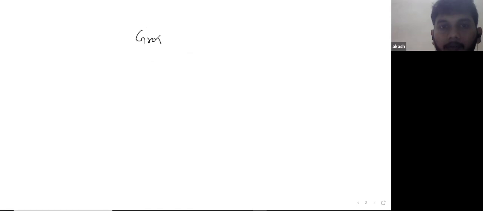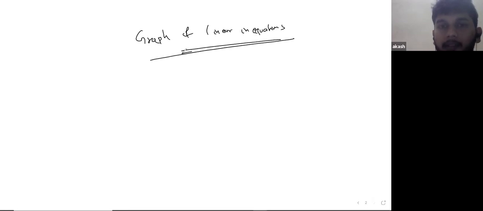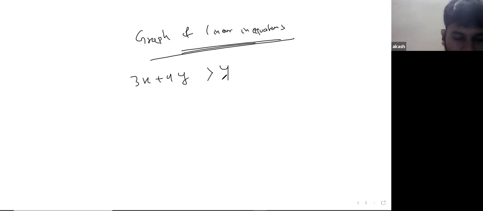Graph of linear inequations. Very necessary, this topic. Please focus. See, if you have any equation, suppose 3x plus 4y is greater than 4.